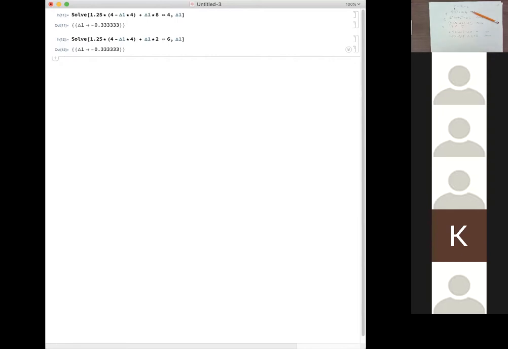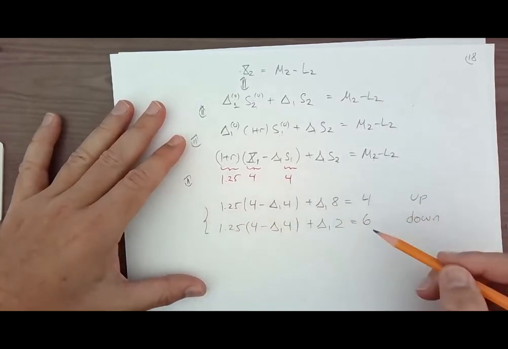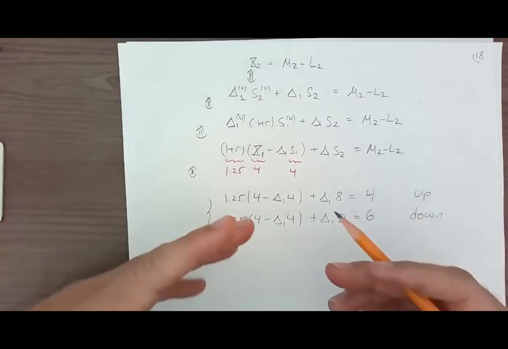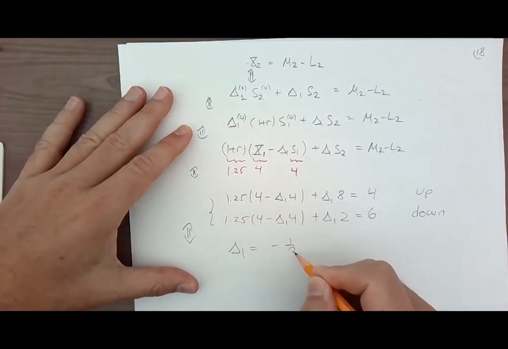So as we talked about in class, this might seem like a miracle, but it's really not a miracle at all, because this is how it was all created. So it does work. While we have two equations and two unknowns, they are consistent. And this here is the same thing as saying that delta 1 is minus 1 over 3.